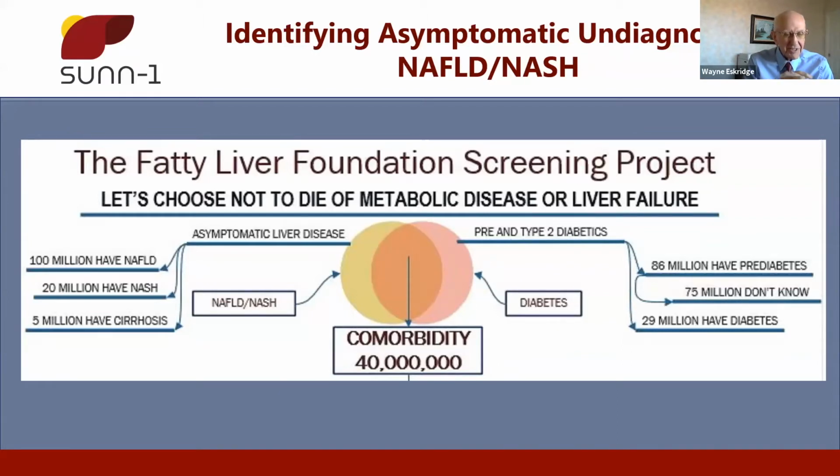And if you just look at the metabolic combination of fatty liver disease and diabetes, there's about 40 million people that need to be screened for these diseases. And, you know, that's an enormous task, but it really speaks to how difficult our public health is, because imagine that these people already have active disease.